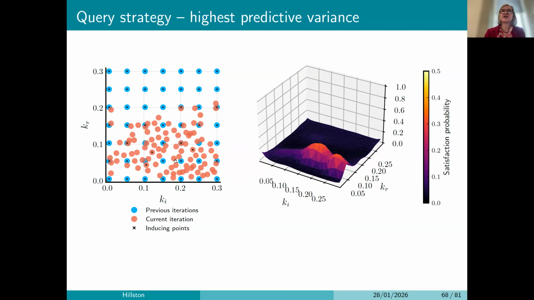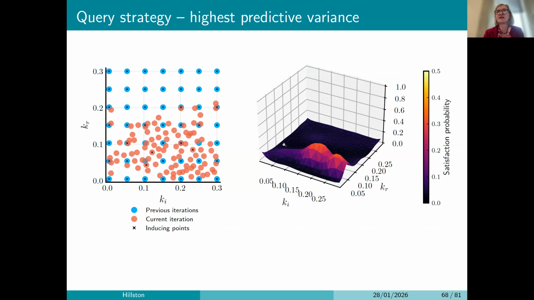If we instead use active learning, instead of sampling uniformly across the whole space, we look at the places where we gain the most information. We would start with the blue iteration, and then for the next we would move on to these orange ones where we're getting more information.